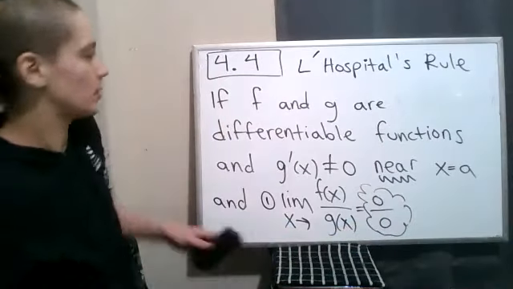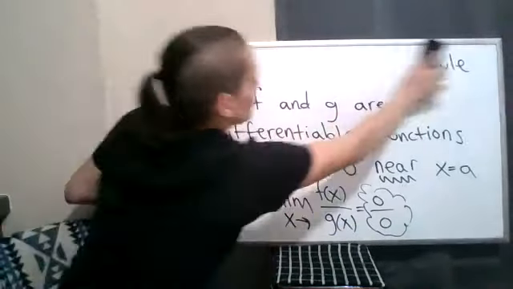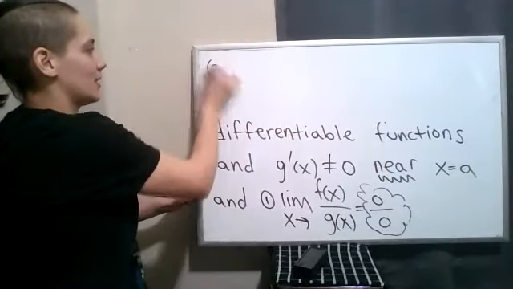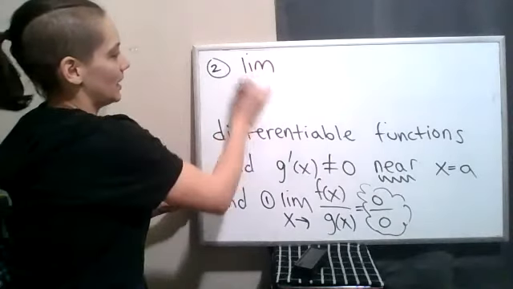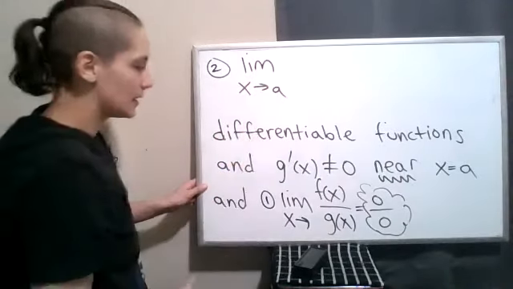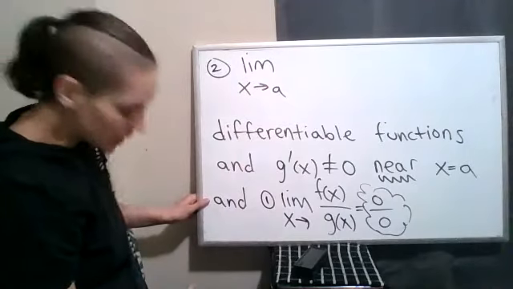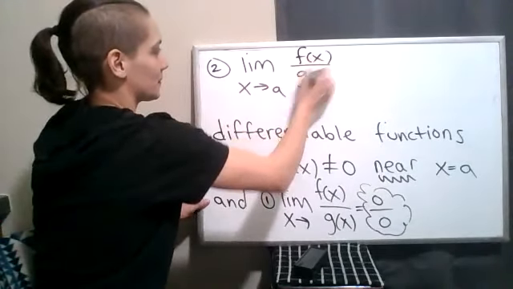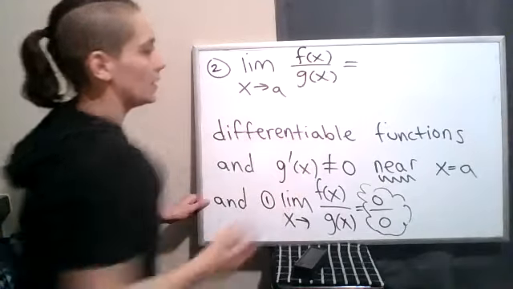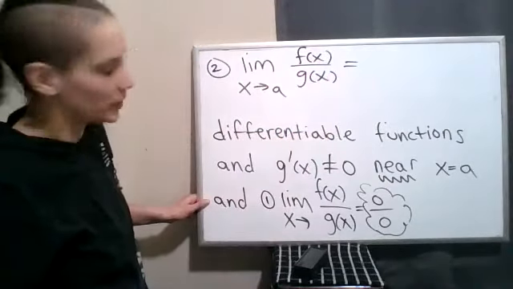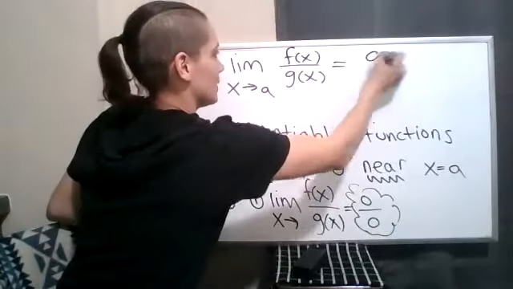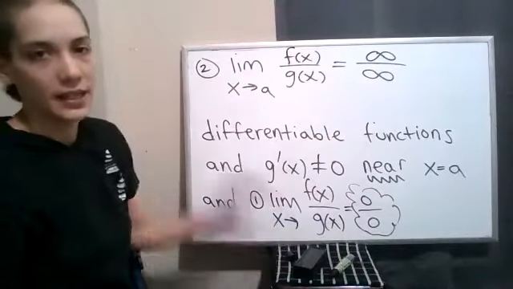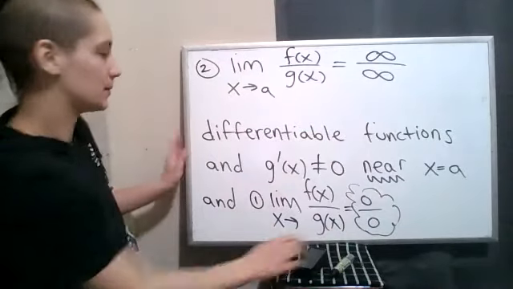Or, number two, the limit as x goes to a of f of x over g of x is infinity over infinity. Okay. Then you can use the rule.